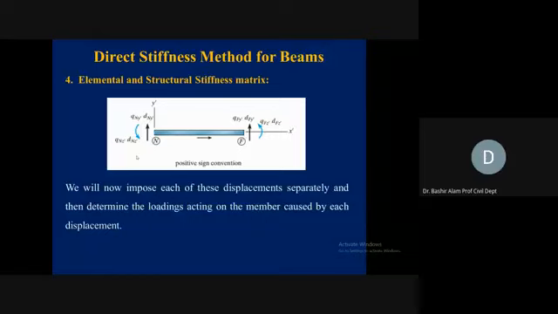We start with the rotation. At one end, we will allow a unit rotation and find out the end actions. Already we found that if we give a rotation at the near end, it is 4EI theta over L, and at the far end it will be 2EI theta over L. Directions are the same. Similarly, we find out the balancing couple now, and that becomes the shear end actions.